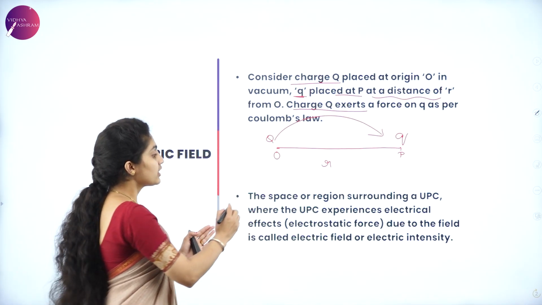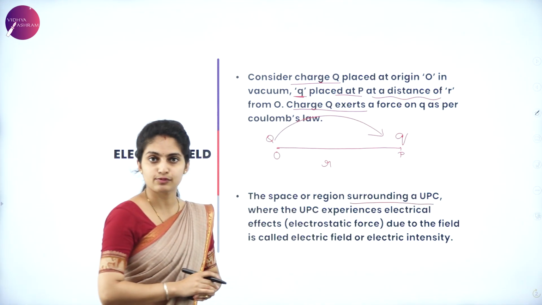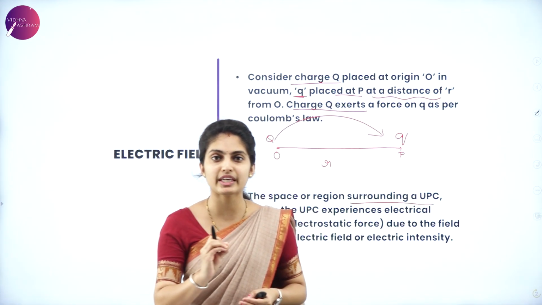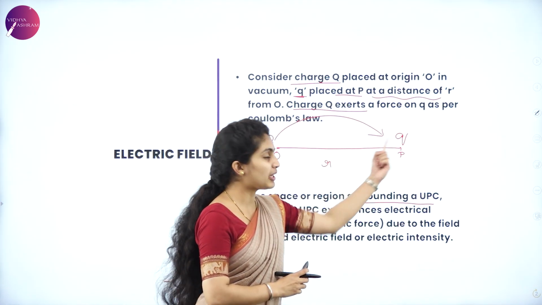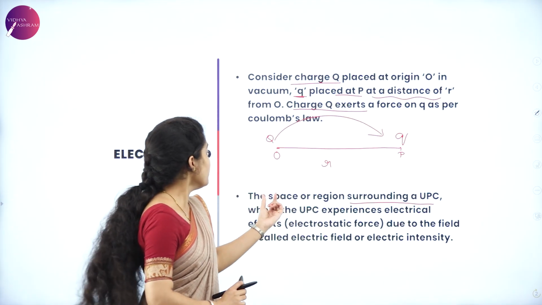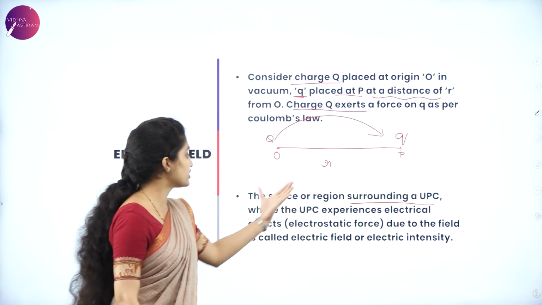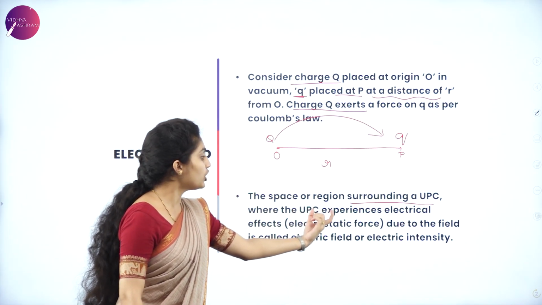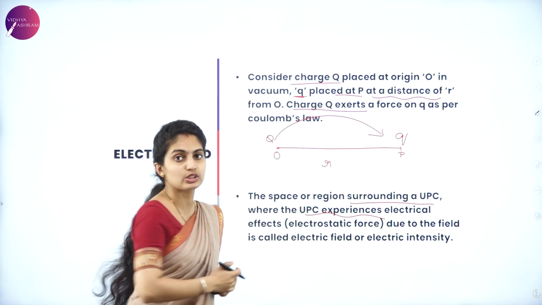Okay, so the space or the region surrounding a unit positive charge. So UPC means unit positive charge. So this can be considered as a unit positive charge. Okay, so the space or region which surrounds this unit positive charge, where the unit positive charge experiences a certain field due to the source charge.